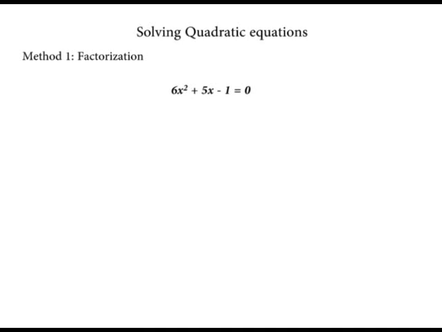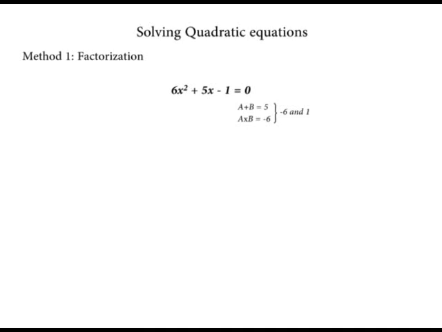Quadratic equations are solved by either factorization where possible or by completion of square. For this case, 6x squared plus 5x minus 1 is equal to 0. We factorize the left hand side. a plus b should give us 5. a times b should give us minus 6. The numbers are minus 6 and 1.